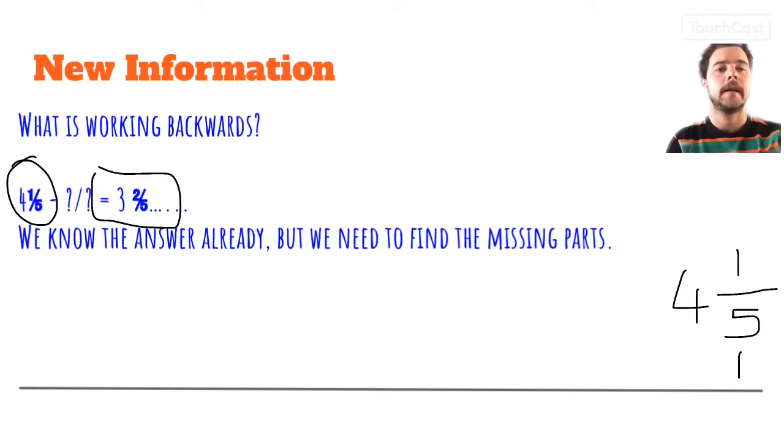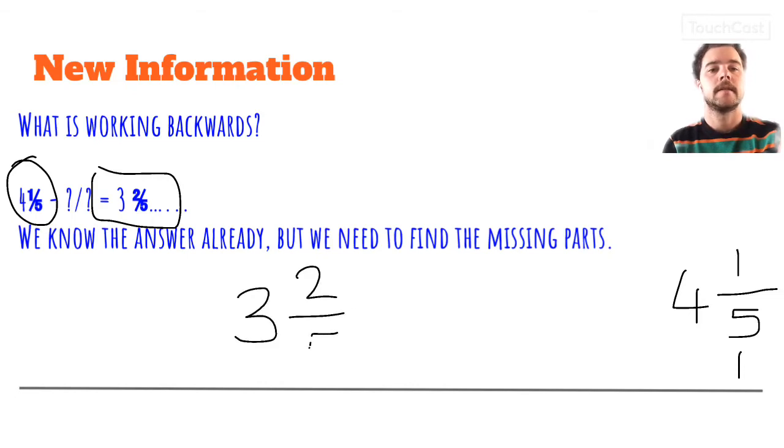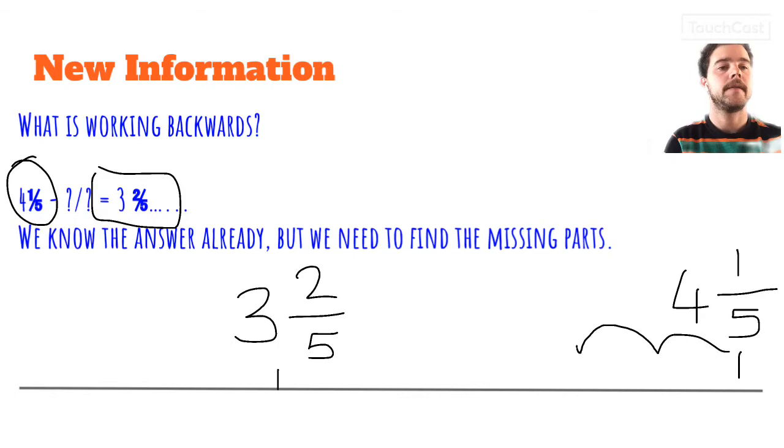I know that I'm going to get to, let's say, 3 and 2/5. I might just put that down here. That's where I need to get to. Let's see how many fifths I have to go down by. So 4, 3 and 4/5, 3 and 3/5, 3 and 2/5.